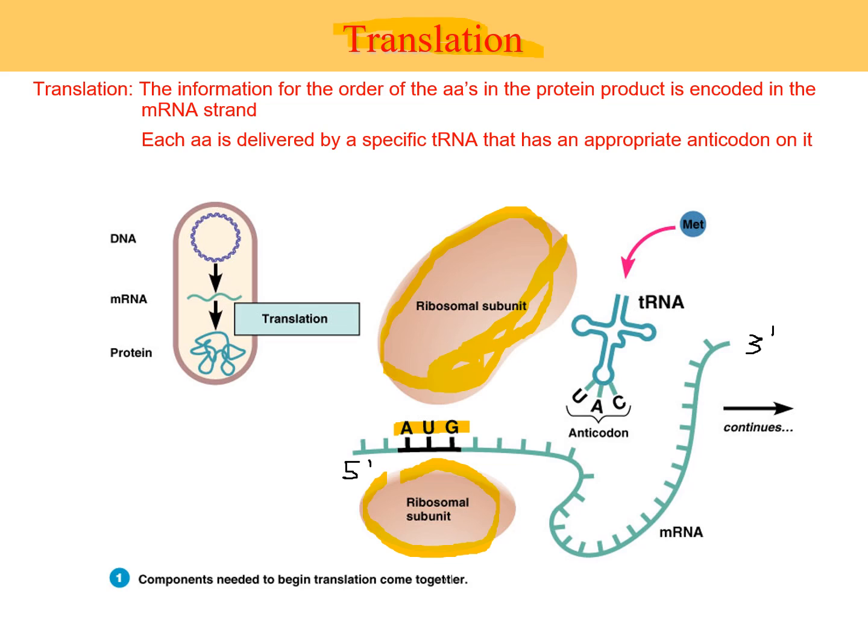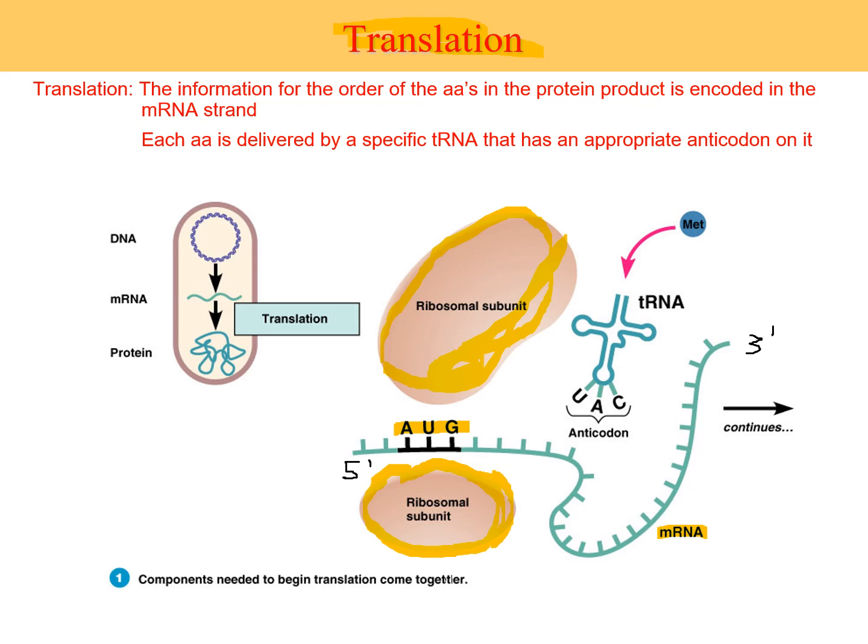Now the process is very carefully controlled. The information is in this messenger RNA that codes for a new protein. And the new protein, of course, is made up of a specific sequence of amino acids. The sequence is determined by the sequence of codons in the messenger RNA.